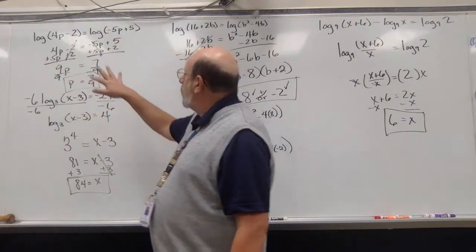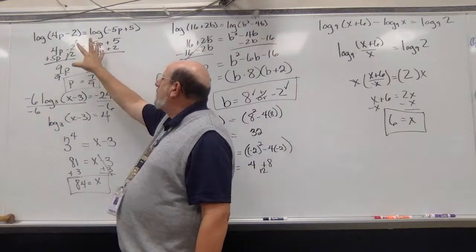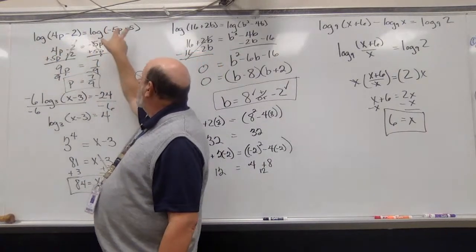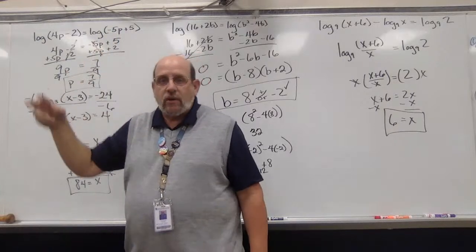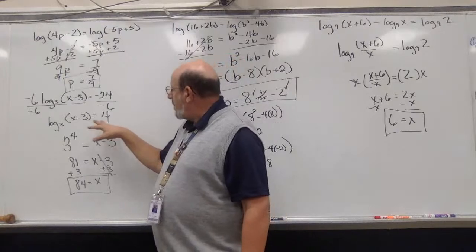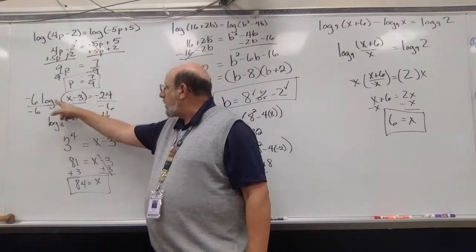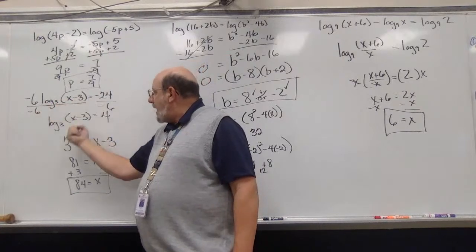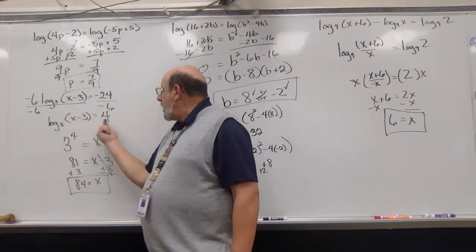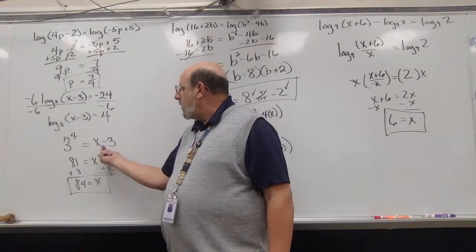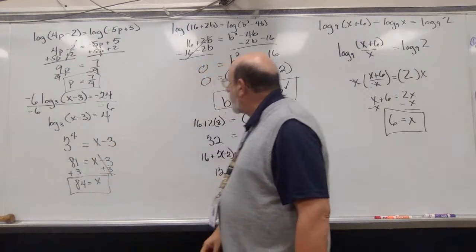see what happens. What disappeared? Oh, these logs disappeared because they have the same base, so we're just solving for the argument. Oh, well, what happened over here? I rewrote, look, I had one log here. I could just create a logarithmic equation and then rewrite it in exponential form and then solve for the variable.